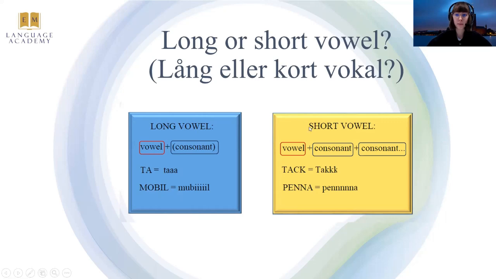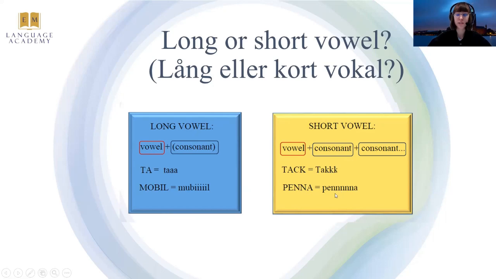Now, what happens? When do we have a short vowel? We have a short vowel when that vowel is followed by a double consonant, right? The formula is vowel plus consonant plus consonant. For example, tack, thank you, or thanks, and penna, a pen.